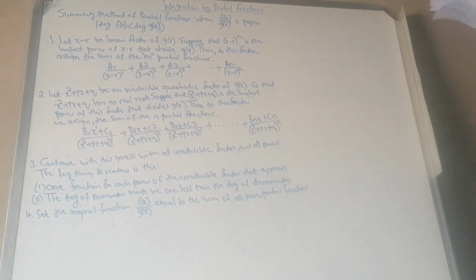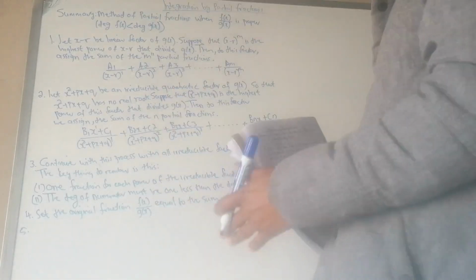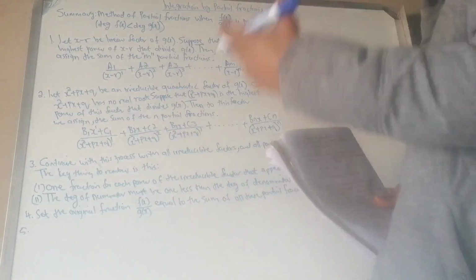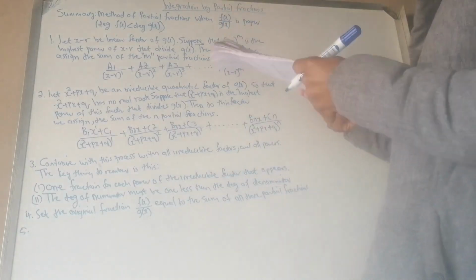And then we will clear the resulting equation of the fractions and arrange the terms in descending powers of x. And then lastly, we solve for the undetermined coefficients. That should be the last thing. So these are the steps required in order to solve an integral of a partial fraction.